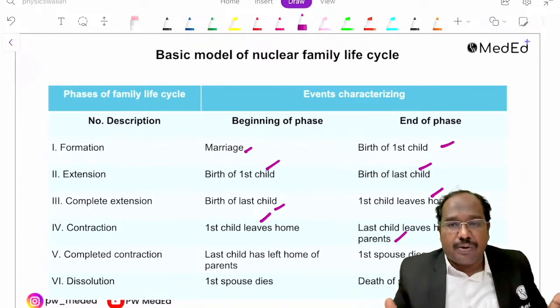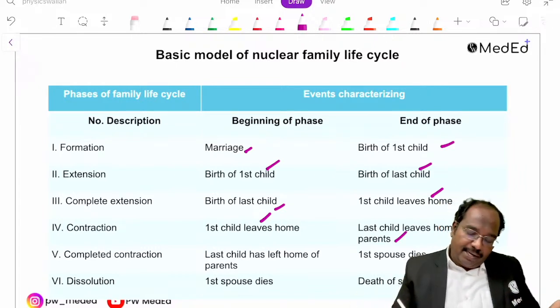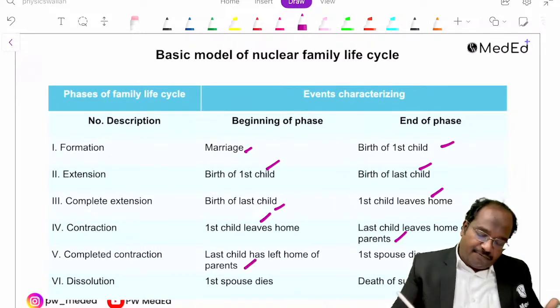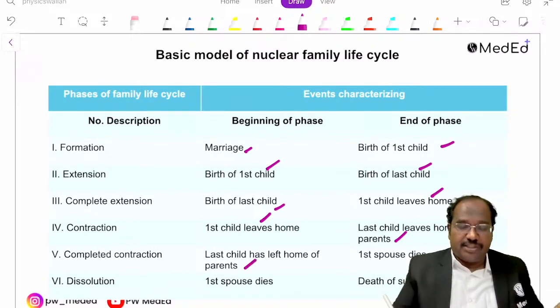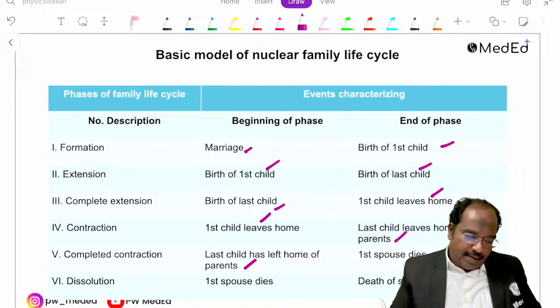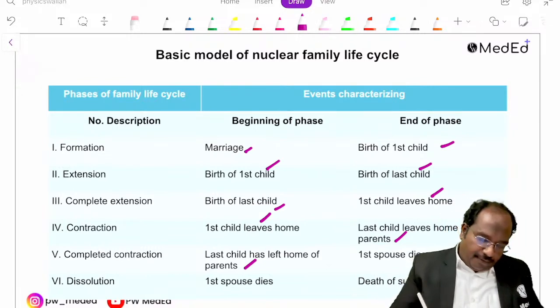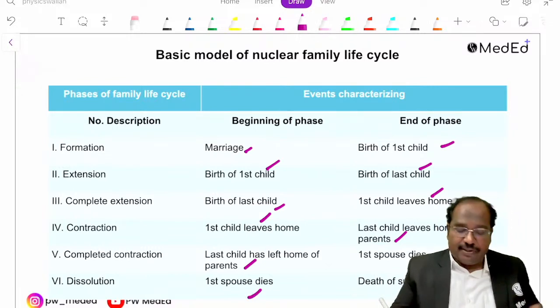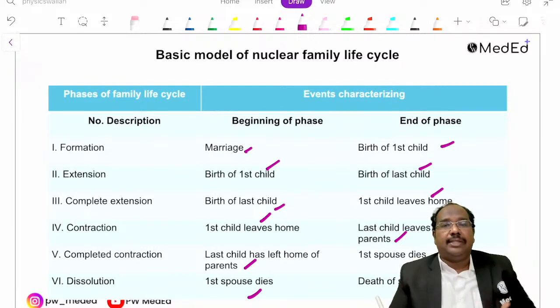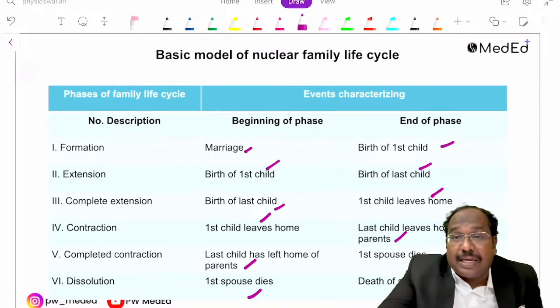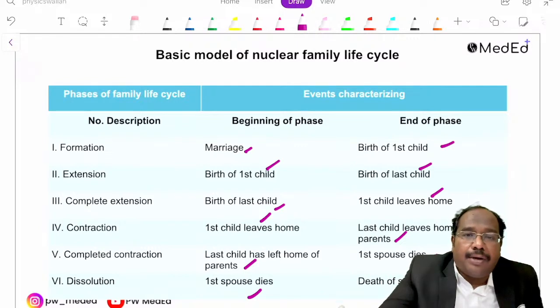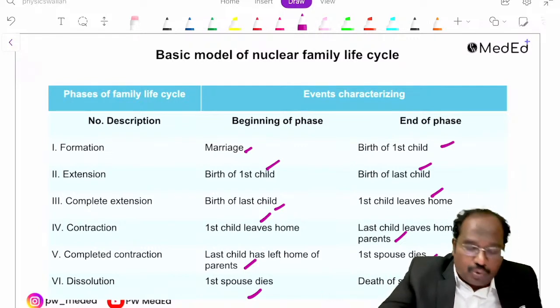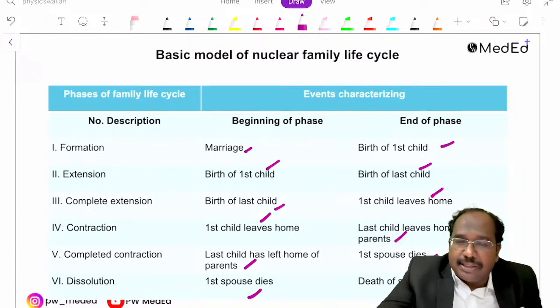No children are there after that. Complete contraction is last child left the home to first spouse dies. And dissolution is first spouse dies to death of the survivor. This is the family life cycle, and you can take your family as an example and go through this. Formation, marriage to first child.